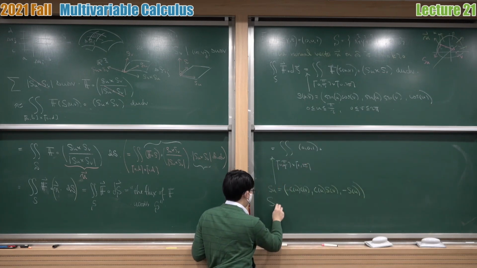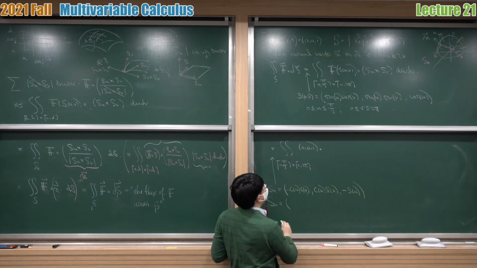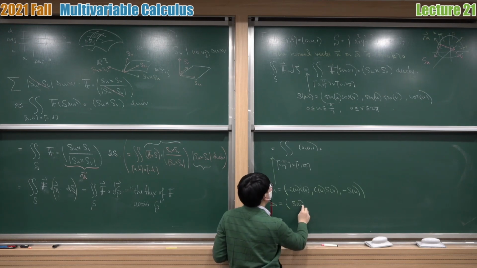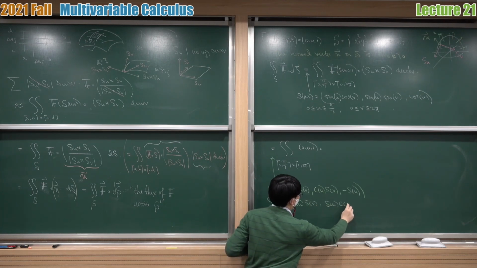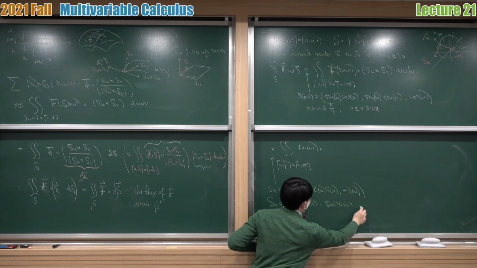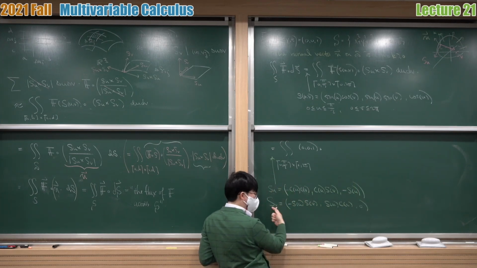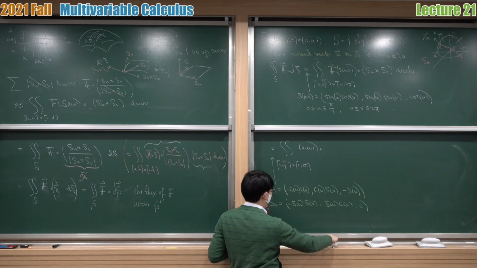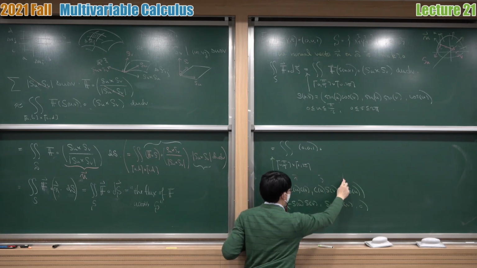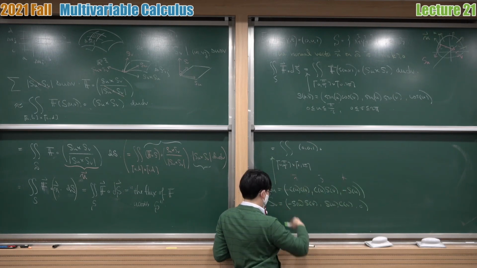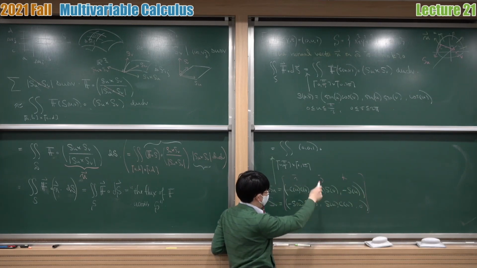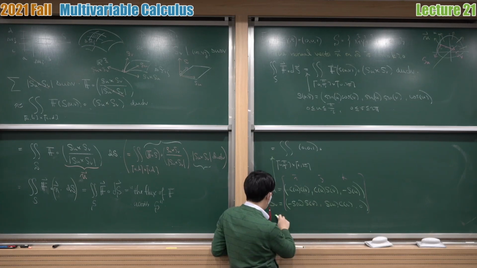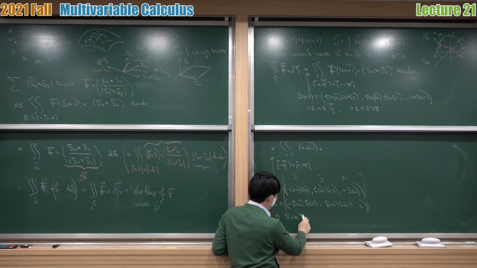And SV is minus sine U sine V, sine U cosine V, and then 0. So if you take a cross product between these two vectors, you can imagine that there is a 3 by 3 matrix in these places. So think about what you get when you take the cross product SU cross SV.